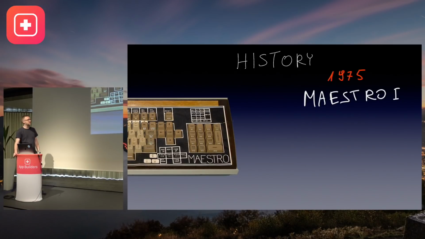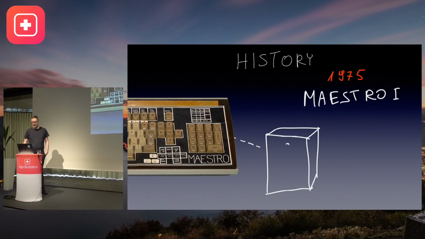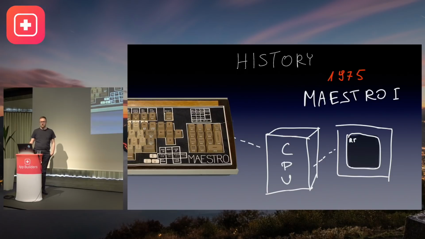And about 1975, there was a revolution. The system called Maestro 1 by a German company was introduced with a keyboard, with the CPU, and with the actual editor, compiler, and linker.